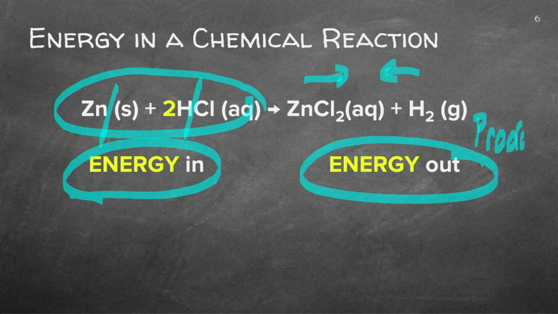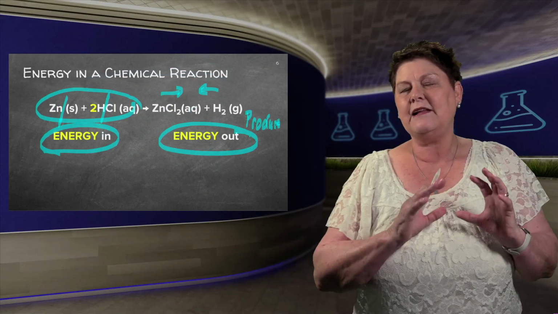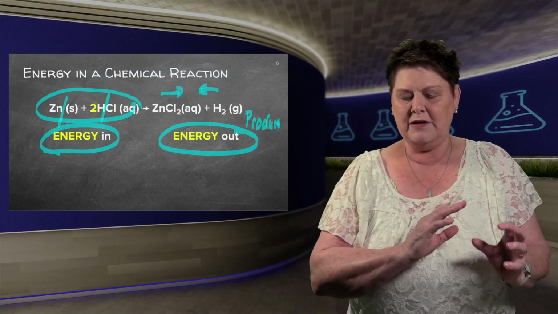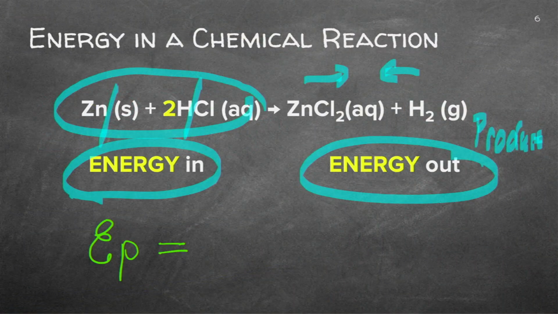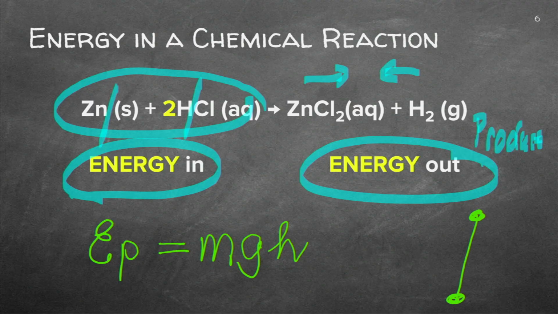I quickly want to relate you to a physics lesson that you've done previously. Can you remember that you said potential energy is the mass times the gravitational acceleration times the height? And we said if we pick something up, we're increasing the potential energy.